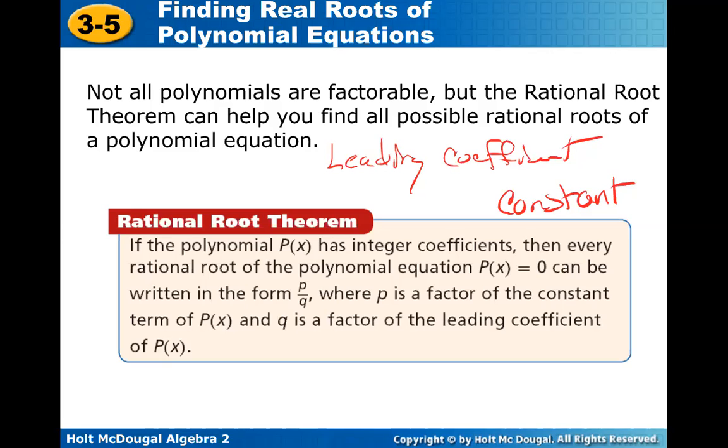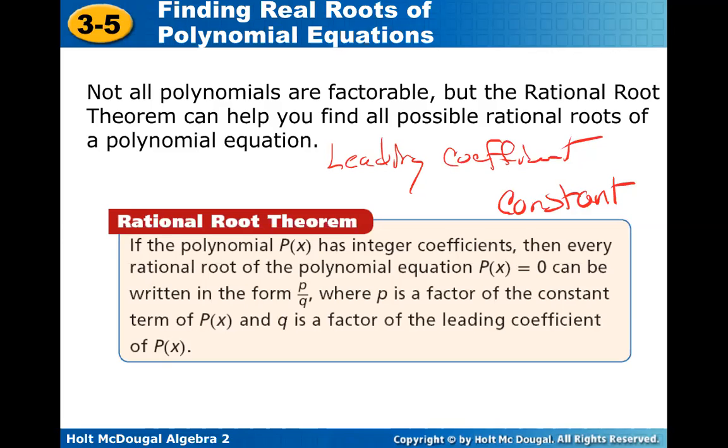If a polynomial p of x has integer coefficients, which ours do, then every rational root of the polynomial can be written in the form p over q, where p is a factor of the constant and q is a factor of the leading coefficient.